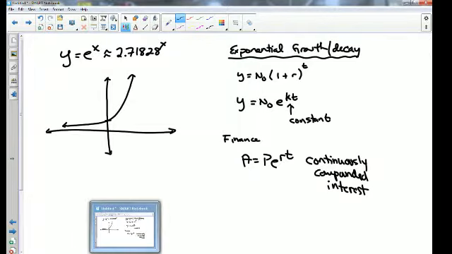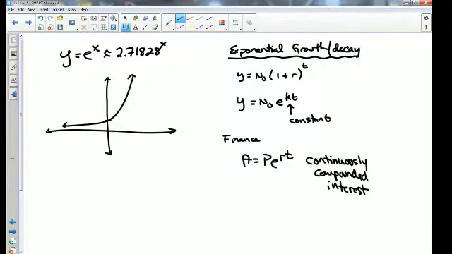So remember the last formula we had was compounded daily or monthly or yearly, right? Well, this is continuous. If you have a savings account, this is what you want. Continuously compounded. Okay. If you have a credit card, you definitely want monthly compounded, right? It's cheaper that way.